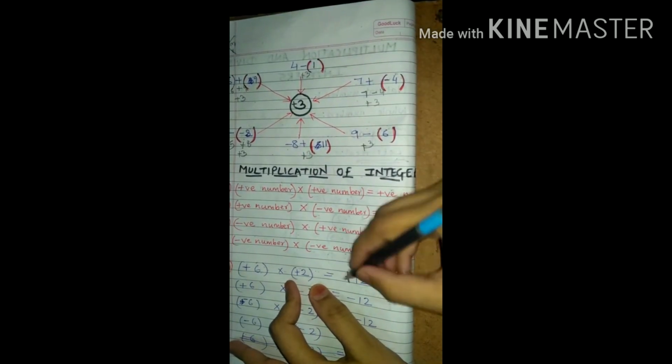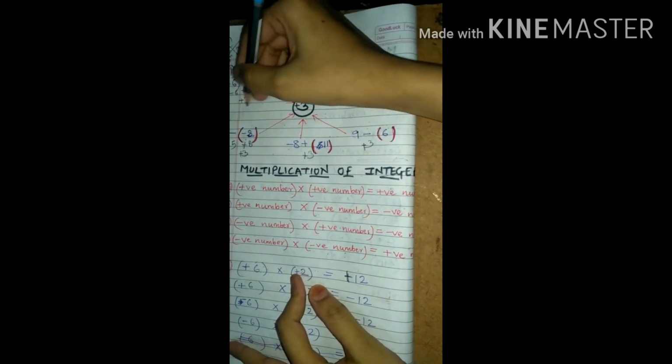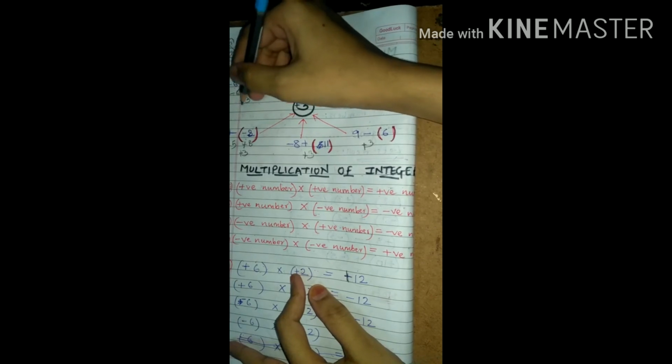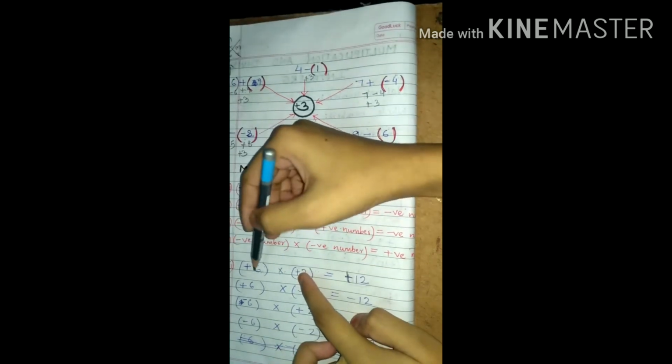Now in multiplication of integers, sign is decided by what? The multiplication of the two signs. Here we are giving sign to the answer. The main sign of the answer depends on the multiplication of these two signs. So plus into plus is plus.